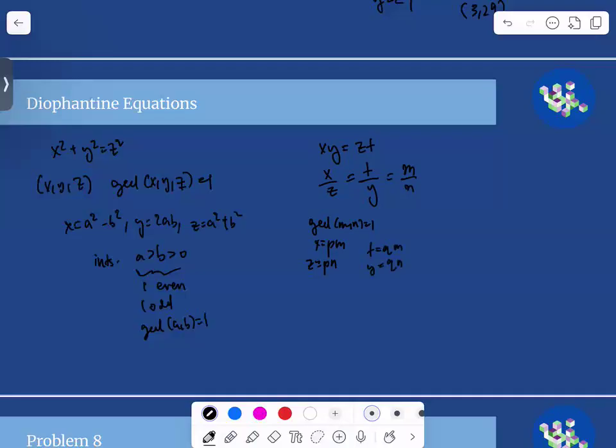And this holds where p is equal to the GCD of x and z, and q is equal to y over n. And so you can just basically parameterize your variables x, z, y, and t like this. And it will seem kind of abstract, so I'll show an example of how to use this as well.